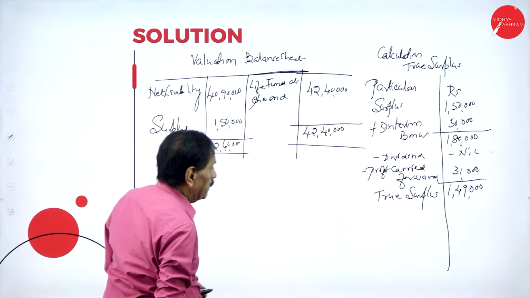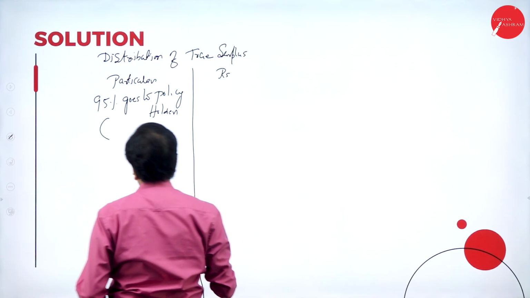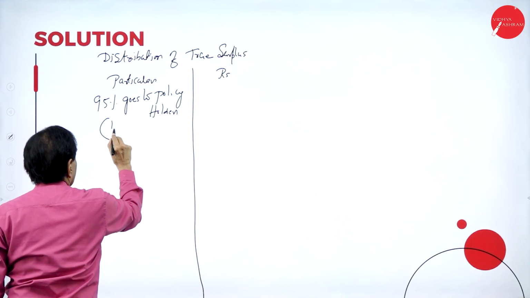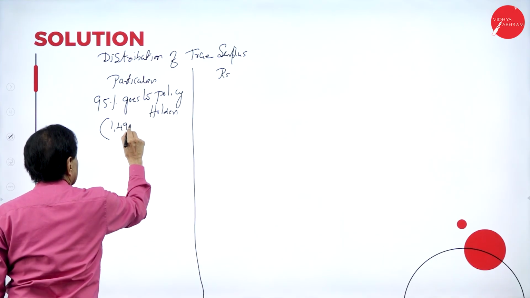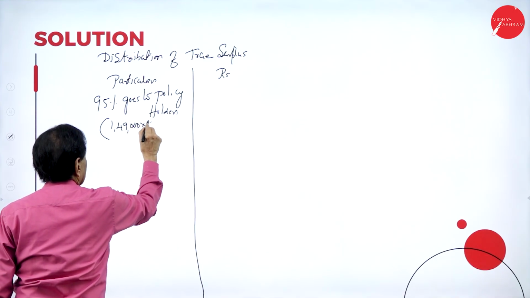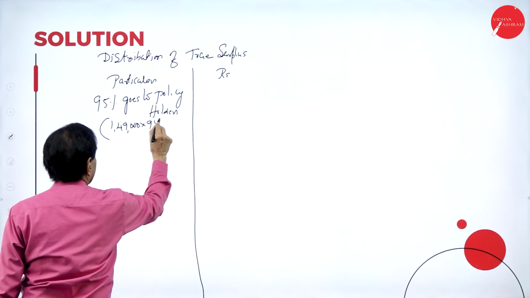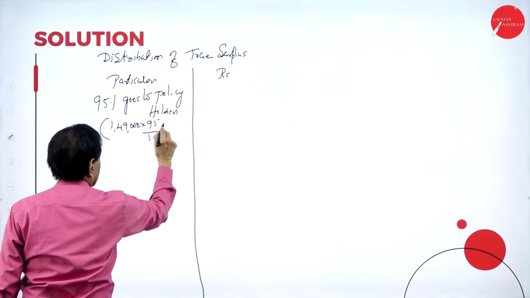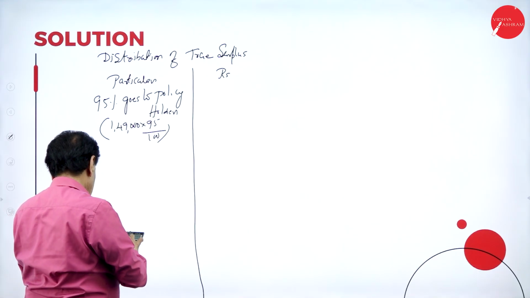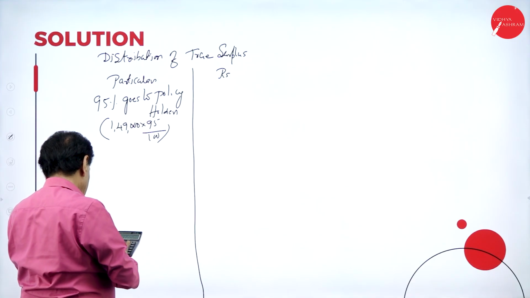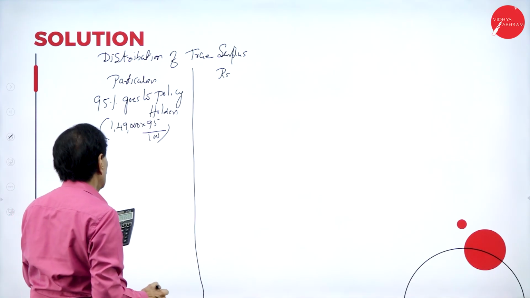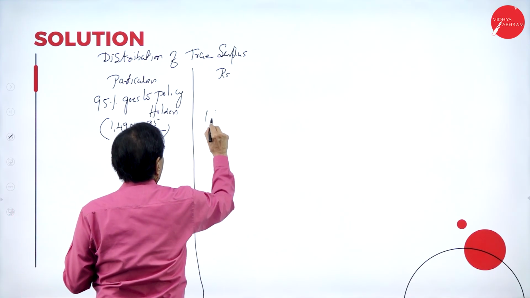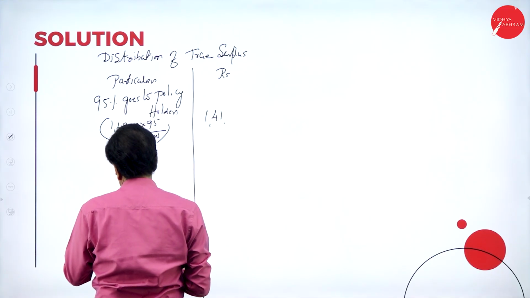What's the amount available? 1,49,000 into 95 divided by 100, that is 1,41,550.